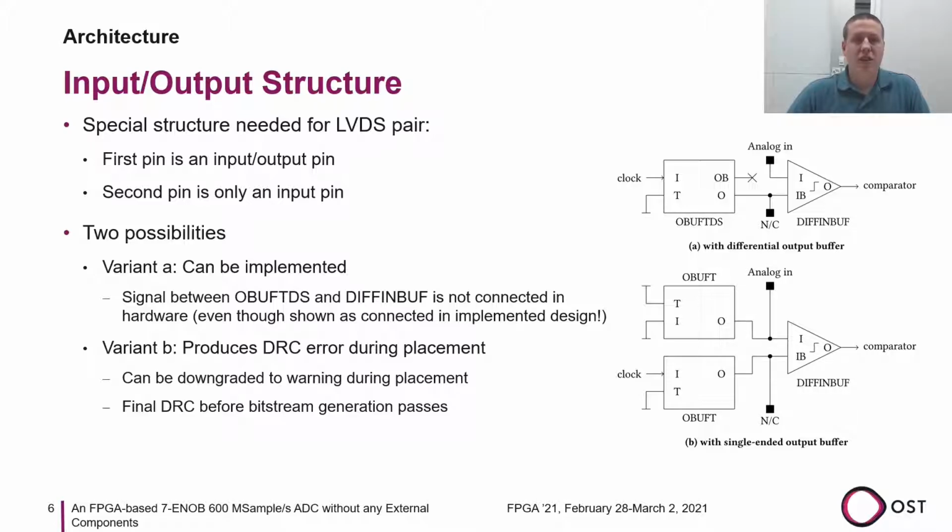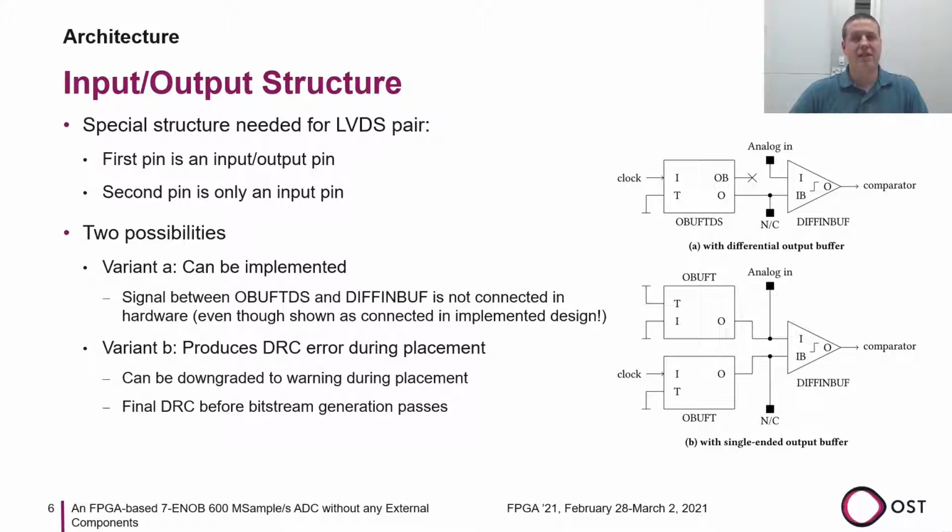Another solution is shown in variant B. Here, two single-ended output buffers are instantiated and connected to the two input ports of the input buffer. One output buffer is then set to 3-state, which makes this input-output pin basically an input-only pin. This variant produces a DRC error during the placement phase.